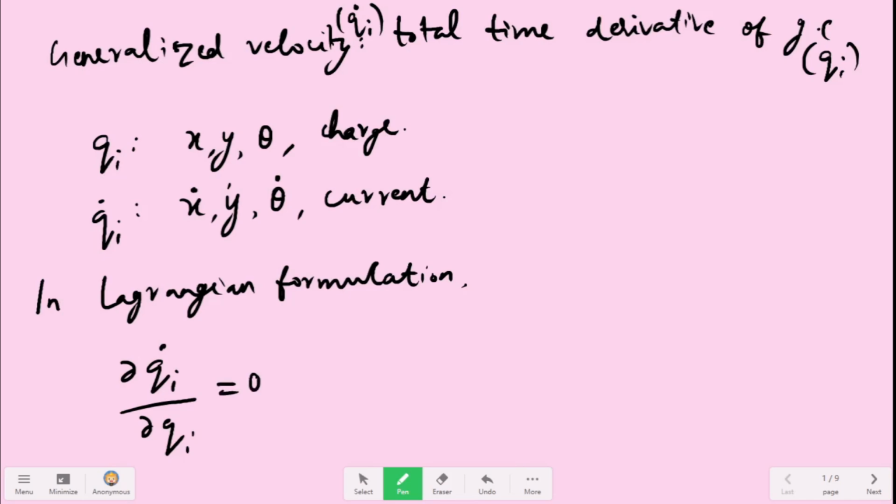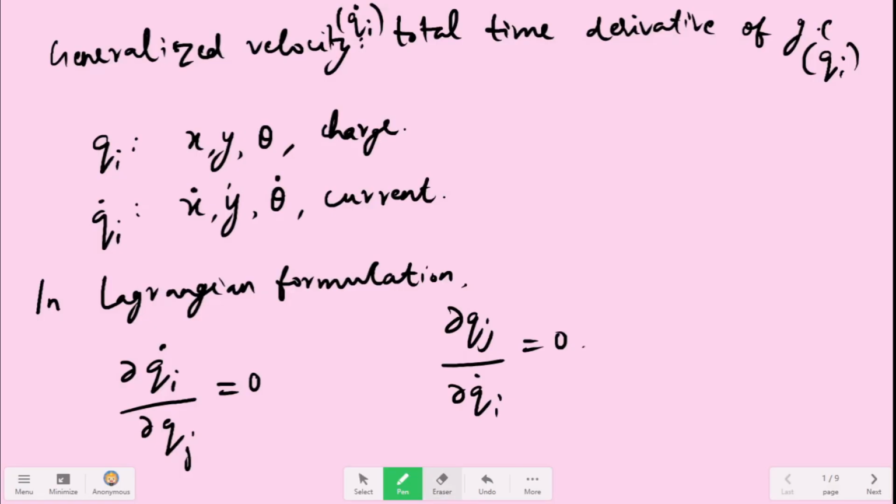Even i can be different as well, so here it can be j as well. So del qi dot divided by del qj is equal to 0, and del qj divided by del qi dot is equal to 0. So they are not dependent on each other. This is an assumption that we make in Lagrangian formulation.